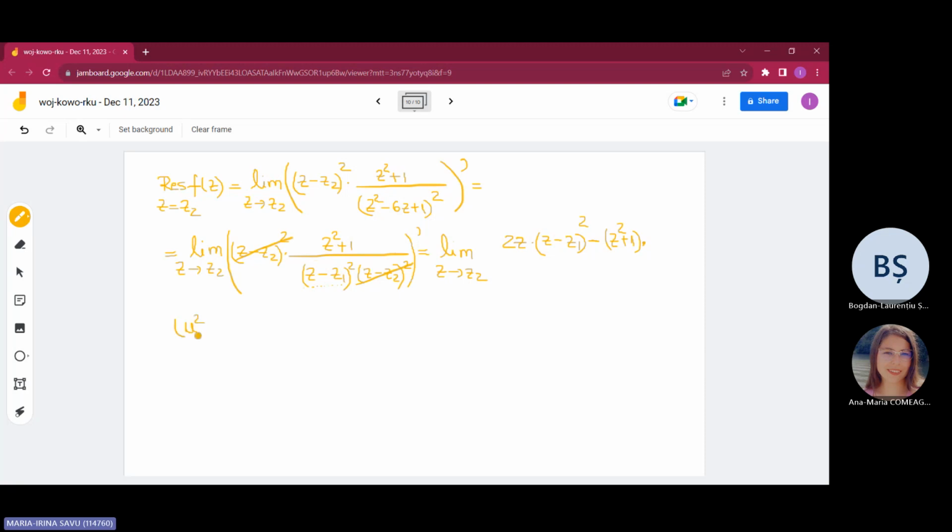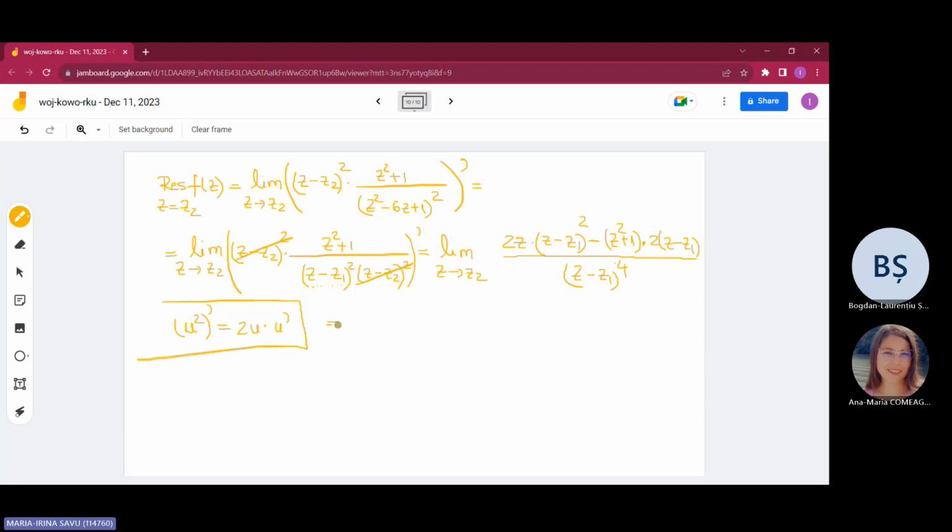And the derivative of this is 2u times the derivative of u. z1 is the number, z is the variable, so this is 2 times u, which is z minus z1, times the derivative of this one, which is 1, okay, over z minus z1 squared squared, which is z minus z1 to the 4.